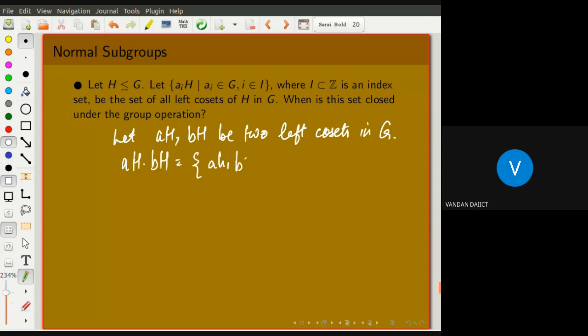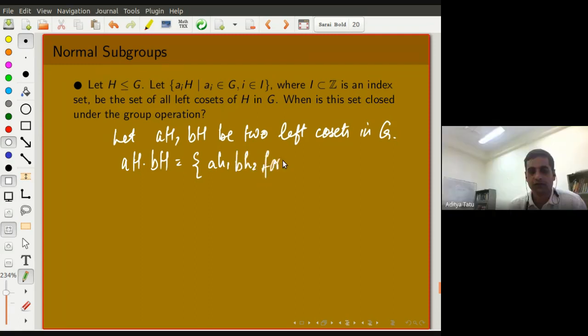It is the set of all a times h1, b times h2, or some h1, h2, with h1, h2 in H. When will the product of these two cosets, which gives you this particular set on the right hand side, also be a left coset? That is the question I want to pose.